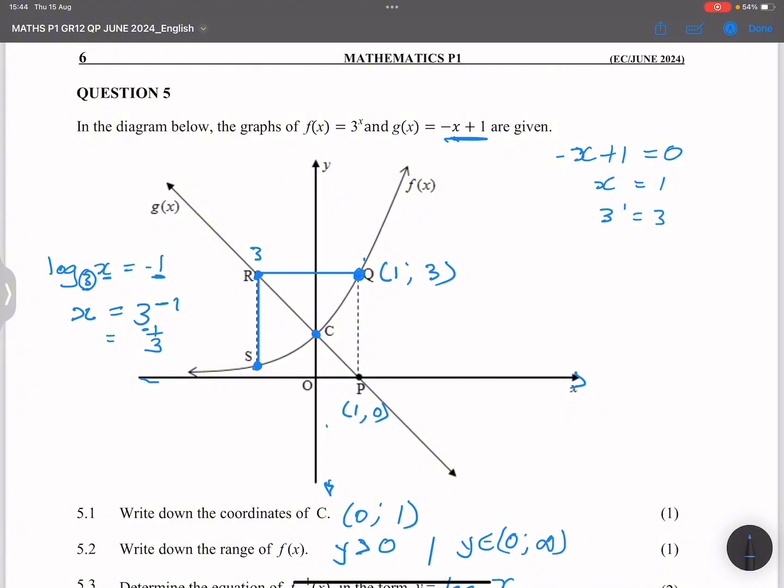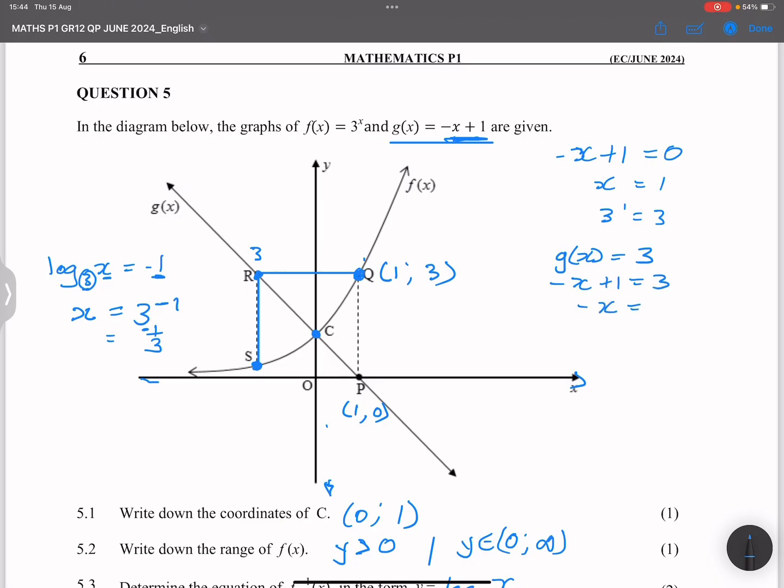Now we need to find the corresponding x value when y is 3. So g of x is equal to 3, meaning minus x plus 1 is equal to 3.